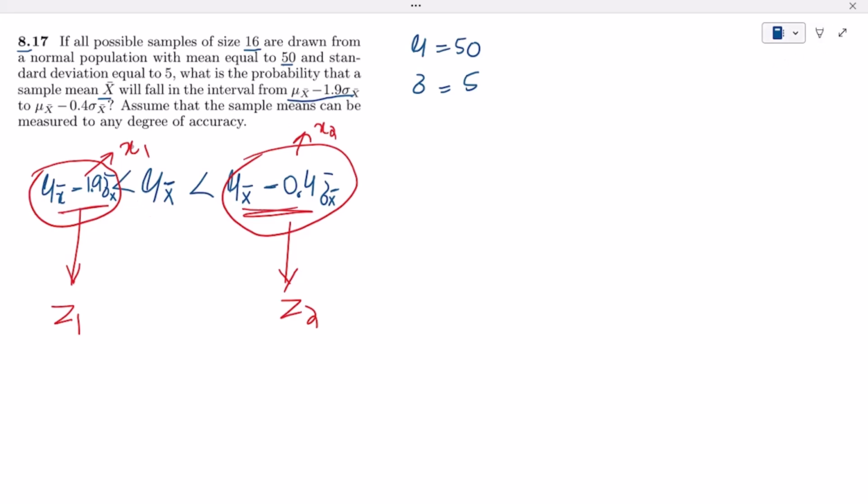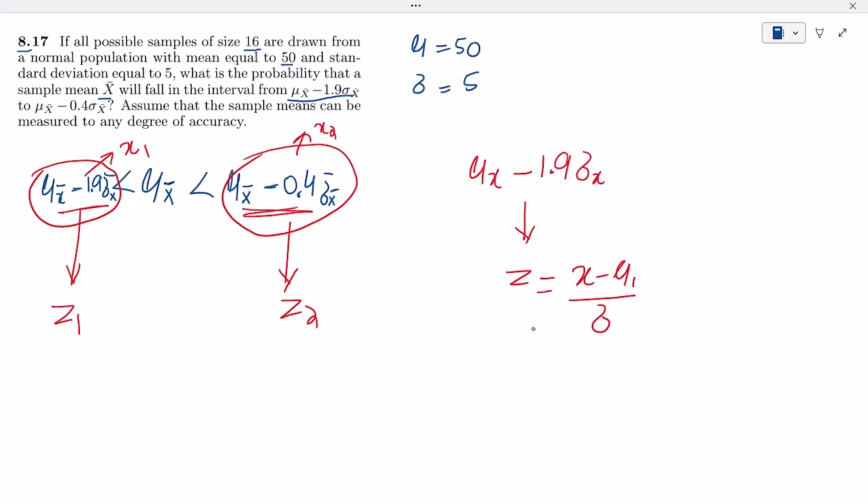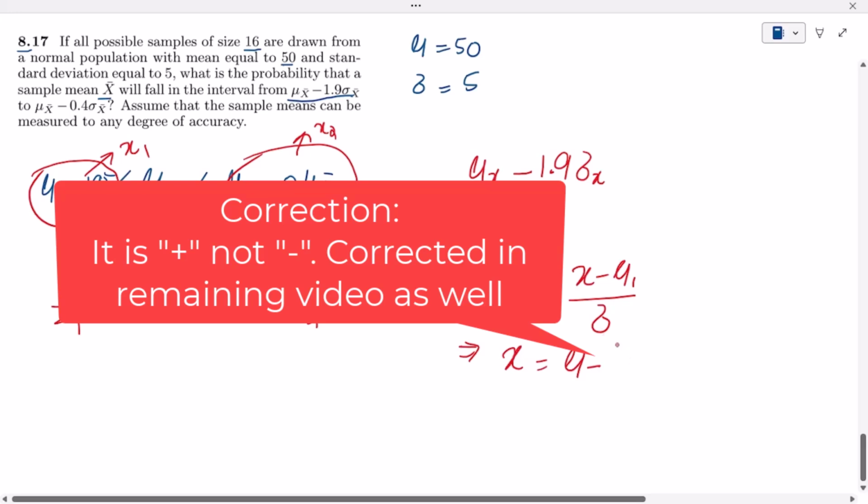If I take this value, which is mu x minus 1.9 sigma x, and want to find the value of z, I previously know that z was x minus mu divided by sigma, and from it, x is basically mu plus sigma z.